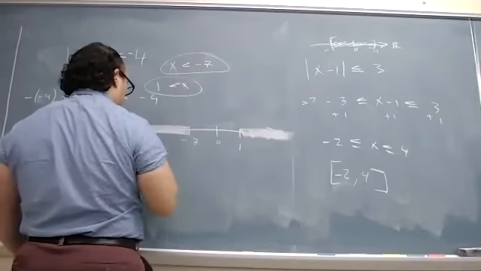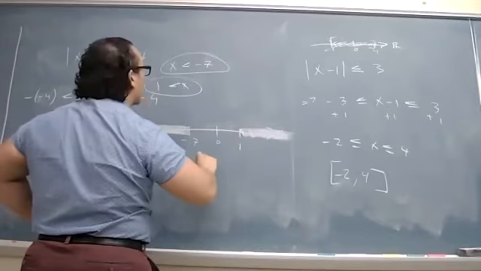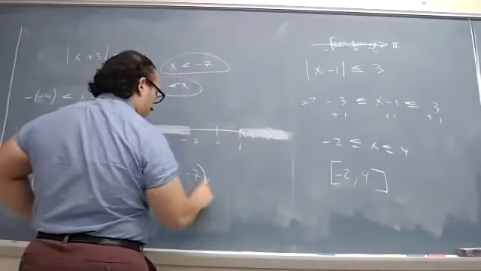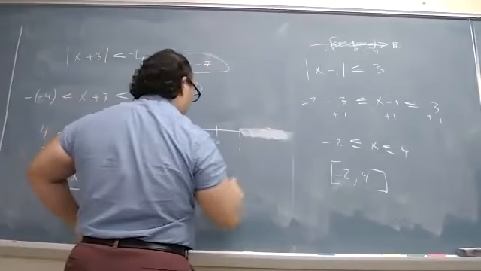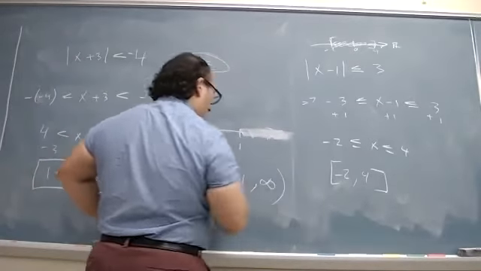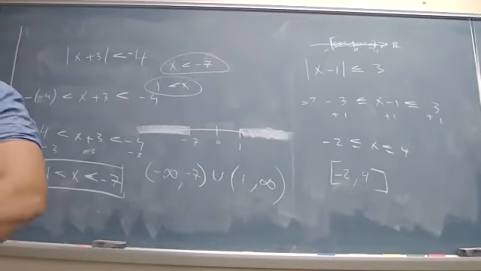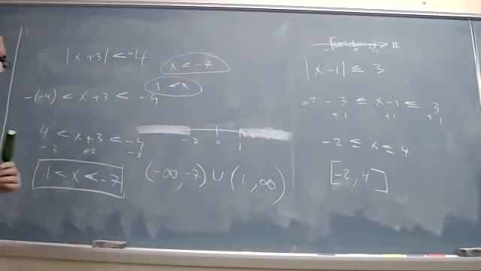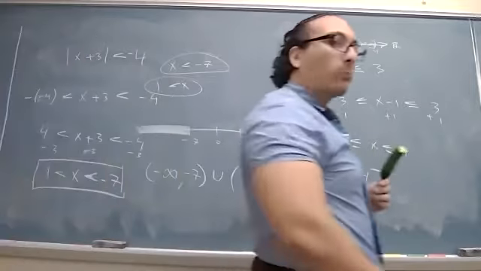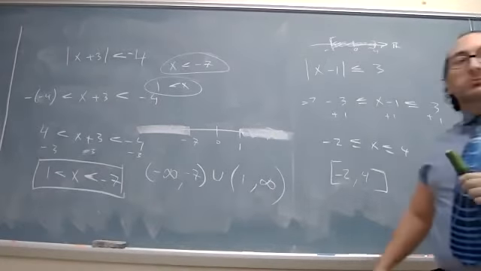The first piece is -infinity all the way to -7. Is it included? Nope, not included. So I put parentheses, union, not included, 1 all the way to infinity. Not included.